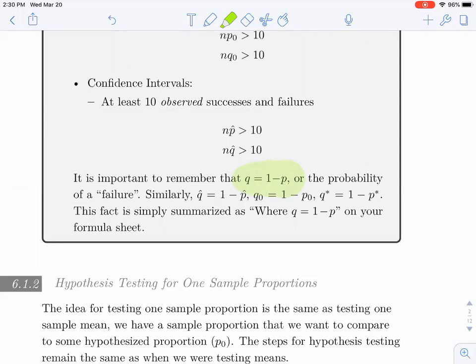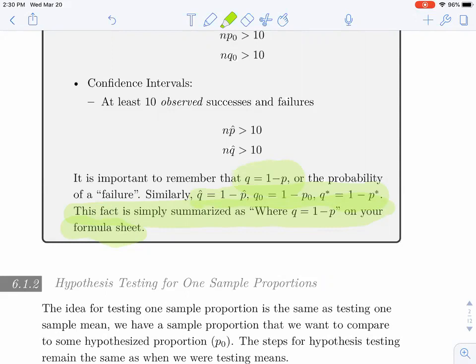And then I've got all these guys here. They're all the same. Q hat was 1 minus P hat, Q star is 1 minus P star, Q naught is 1 minus P naught. I just summarized it as Q is 1 minus P on your formula sheet.